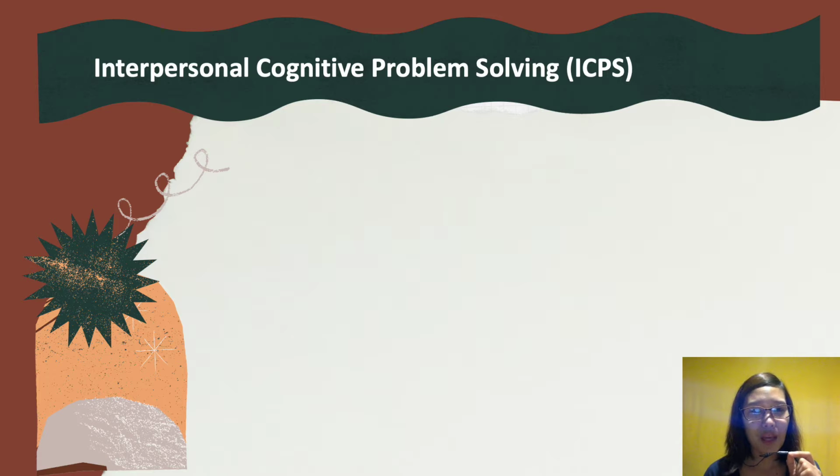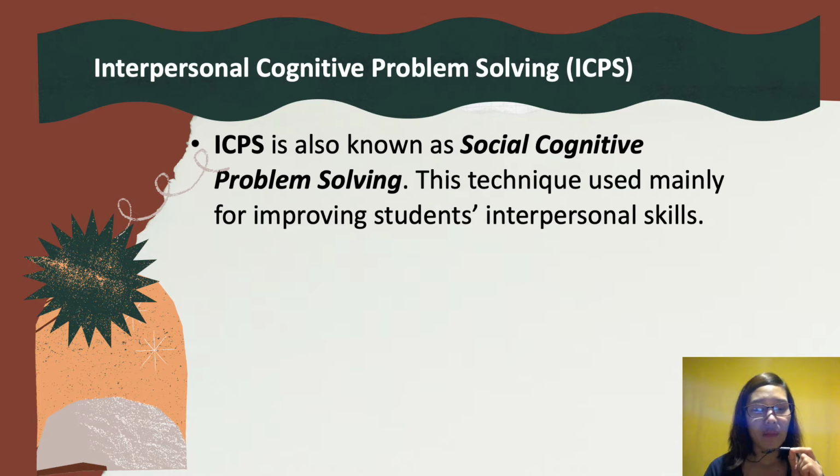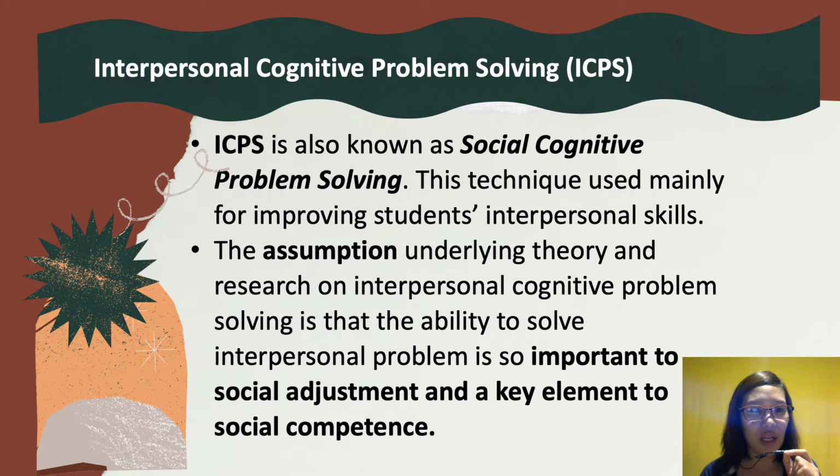So ICPS, or interpersonal cognitive problem solving. This is a technique used mainly for improving students' interpersonal skills. The assumption that underlies this theory, based on research on interpersonal cognitive problem solving, is that the ability to solve interpersonal problems is so important to social adjustment and a key element of social competence.